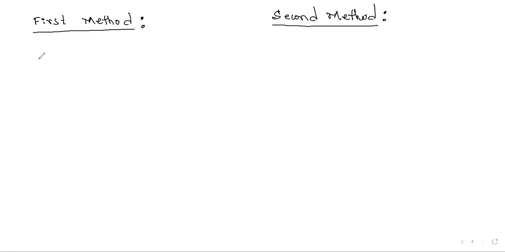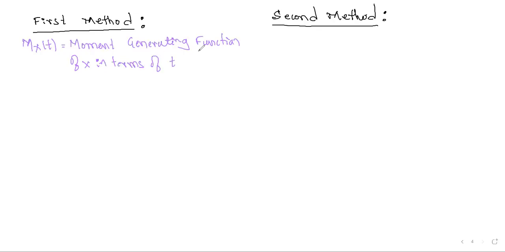Here, suppose the moment generating function is denoted by Mx of t. We know that Mx of t is the moment generating function of x in terms of t.